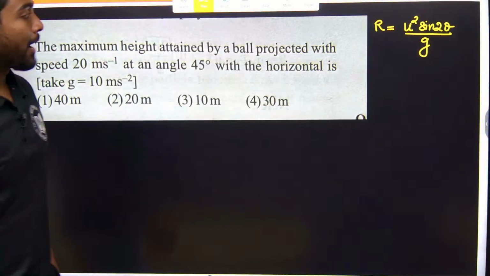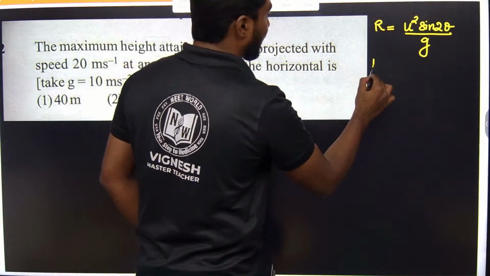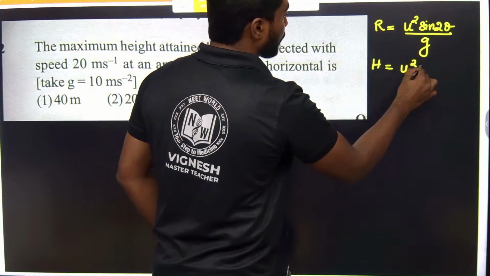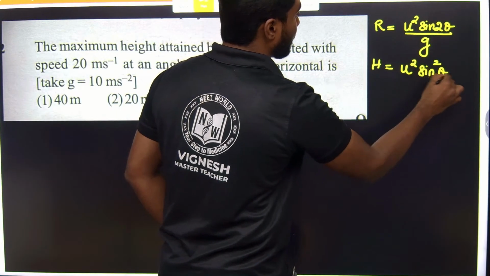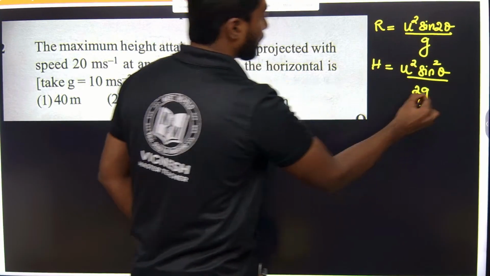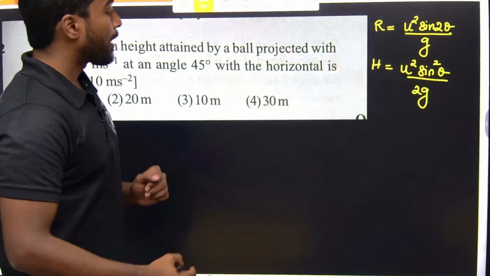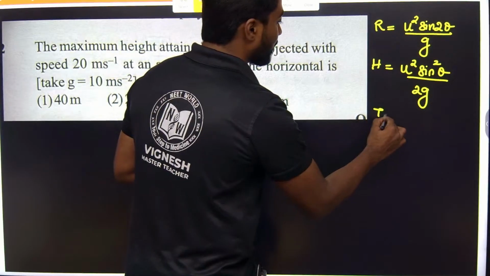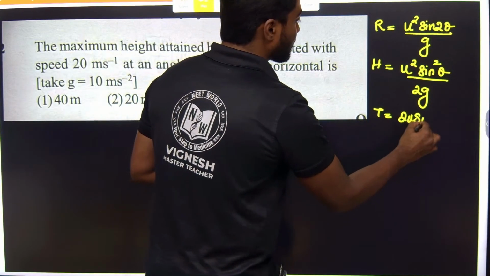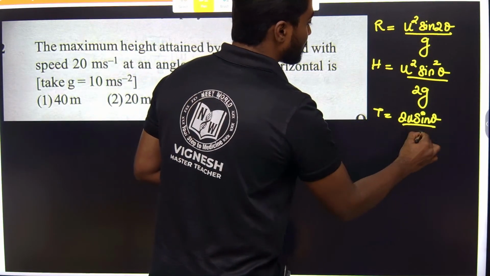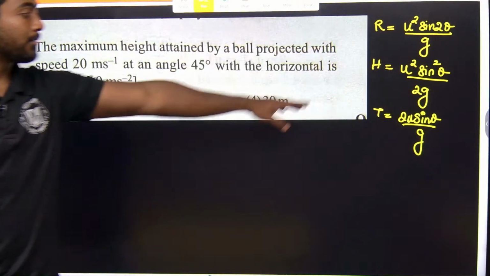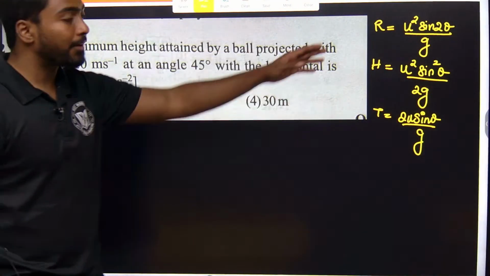The maximum height H equals u square sin square theta by 2g. And the third thing is T equals 2u sin theta by g. So these are the three formulas which we have derived in the last class.